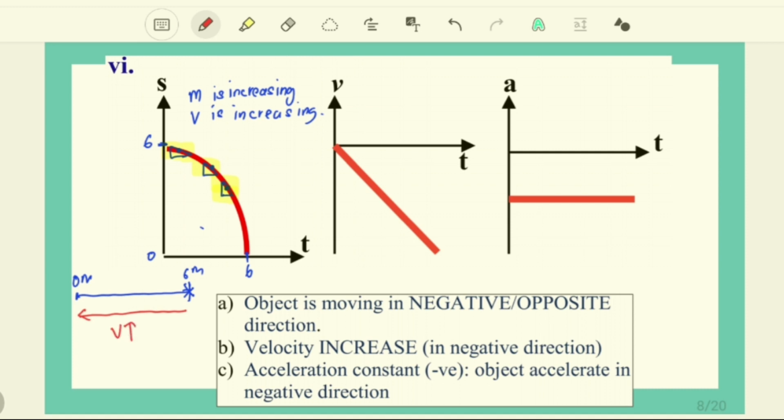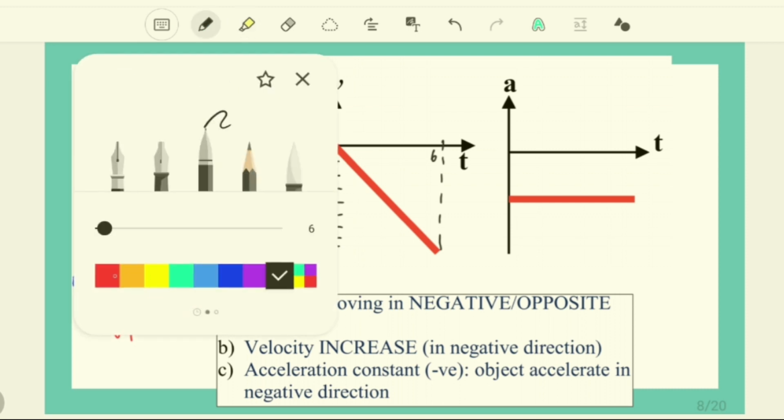The velocity is increasing. Okay, so what is the pattern of the graph? Alright, look at here. Look at here carefully. From 0 to 6 seconds. Okay, so 0, 1, 2, 3, 4, 5, 6. Okay, semakin meningkat. The value is negative because of the direction.